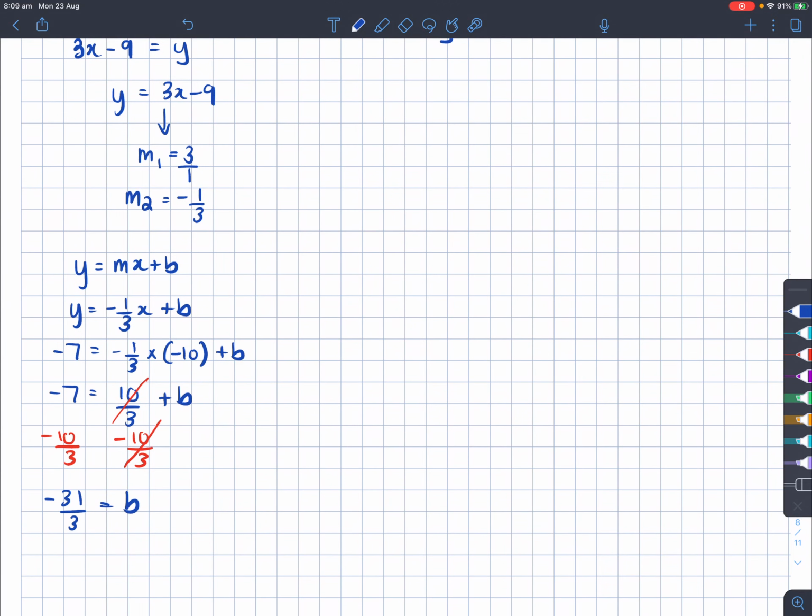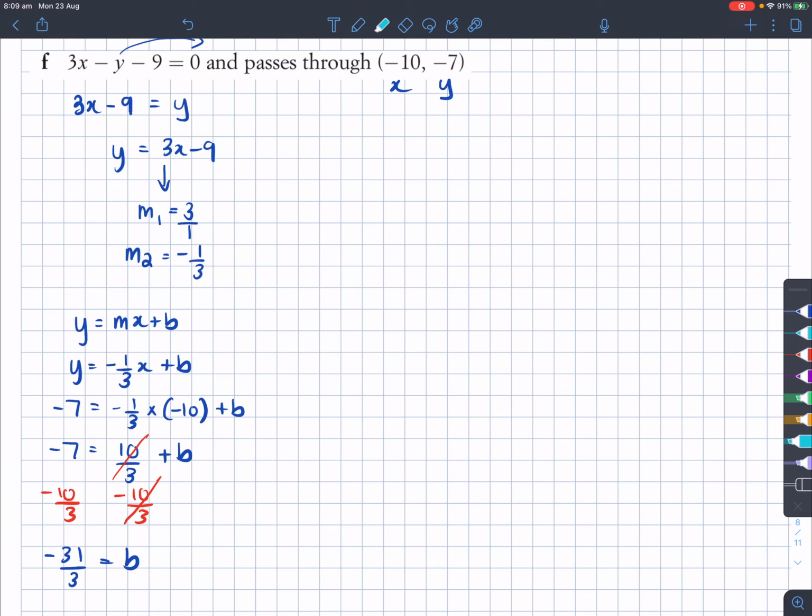And that's simply equal to b. So now we've got the two values that are most important to us, our b value here, the y-intercept, and the gradient, which is negative 1/3. We can put that together so that we replace m and b by these. So our equation would be y equals negative 1/3 of x minus 31 over 3. Okay?